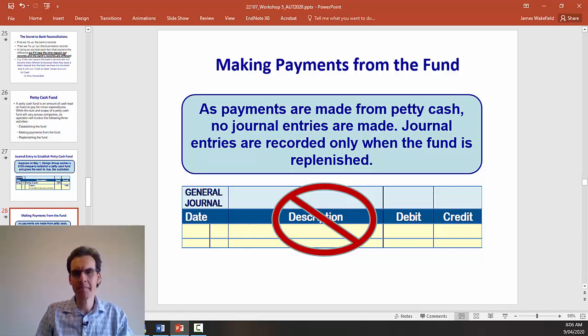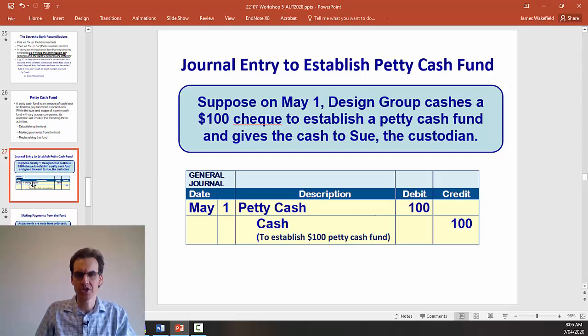So what do we do then after we've established this fund, which is a $100 petty cash fund? When payments are made from the petty cash fund, do we record a journal entry? Well, no, we don't. What we do is we require a custodian to look after the $100 of petty cash that was originally established.